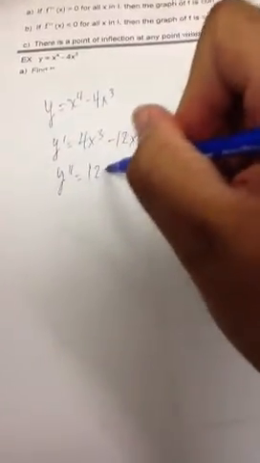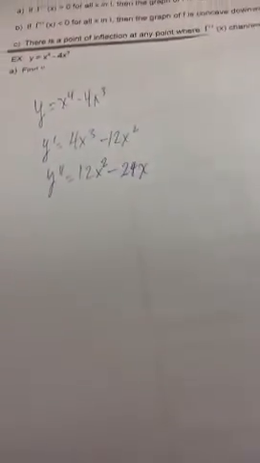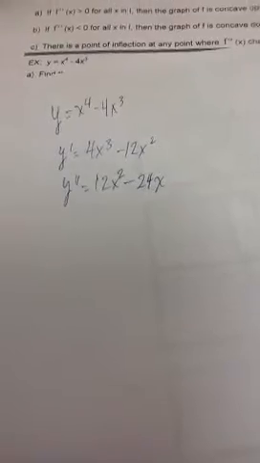Then to find the second derivative, we just find a derivative again. So y double prime would be 12x squared minus 24x, by just doing the power rule.